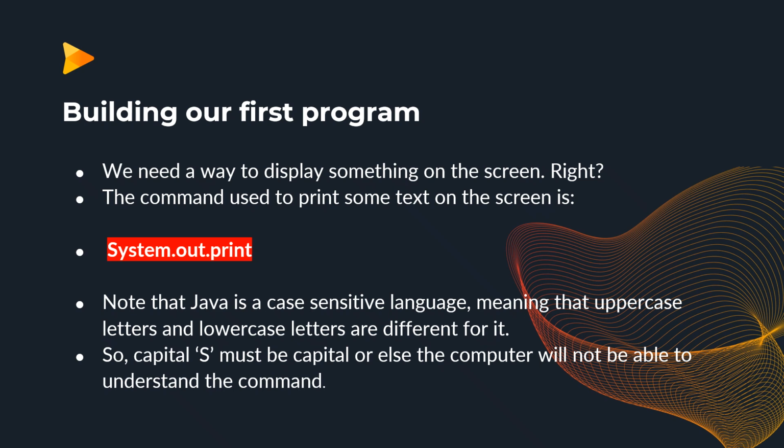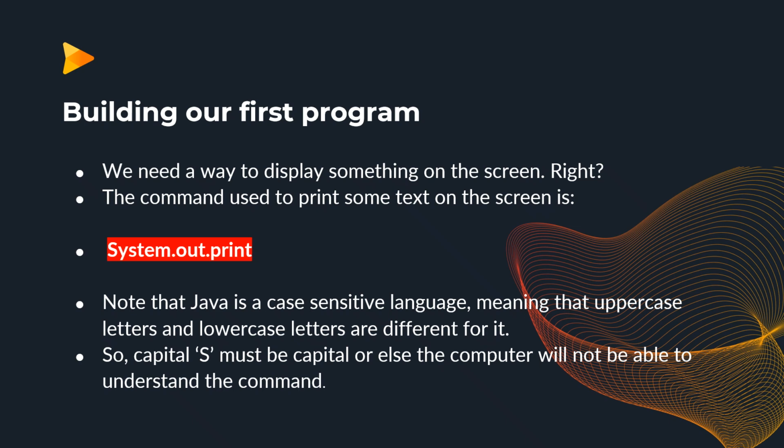Note that Java is a case sensitive language, meaning that uppercase letters and lowercase letters are different. If you write system.out.print in uppercase, then your program will not work, because Java is case sensitive.